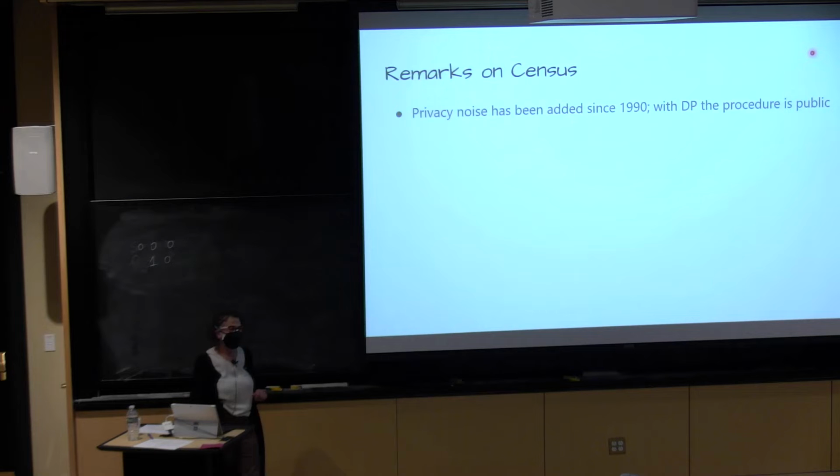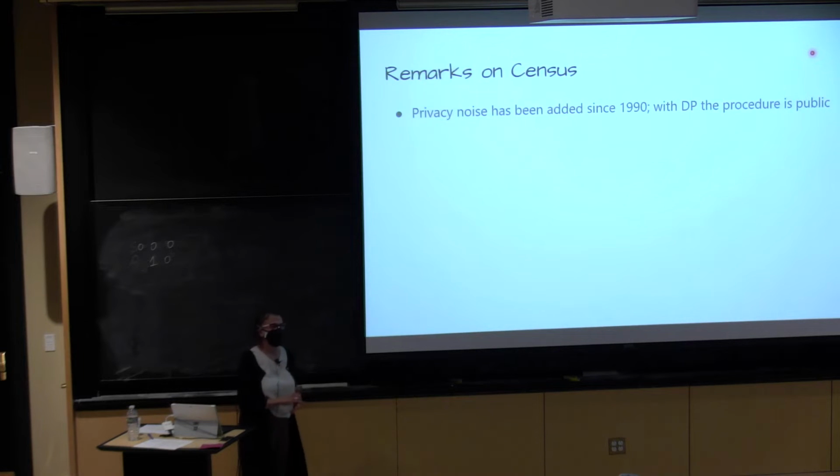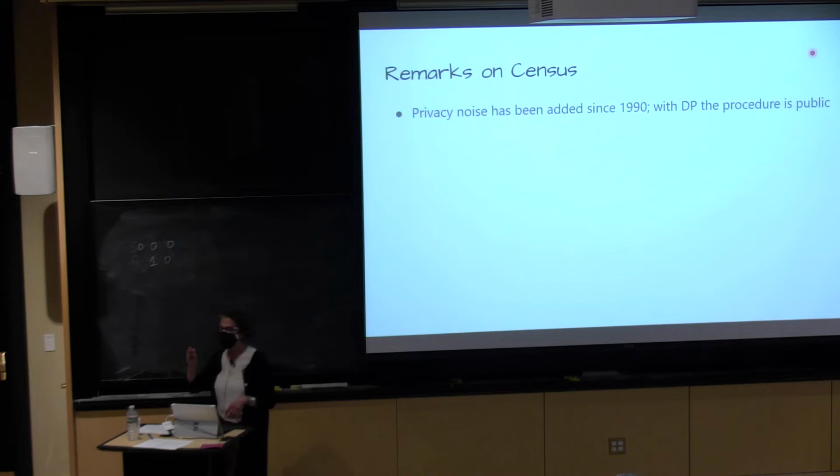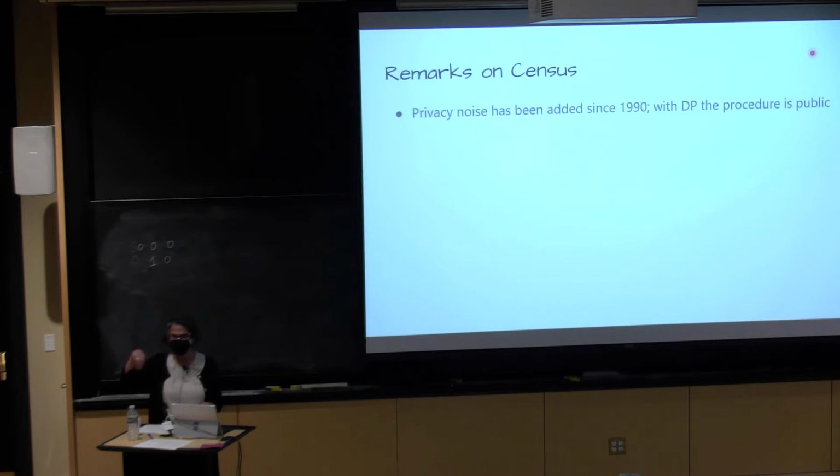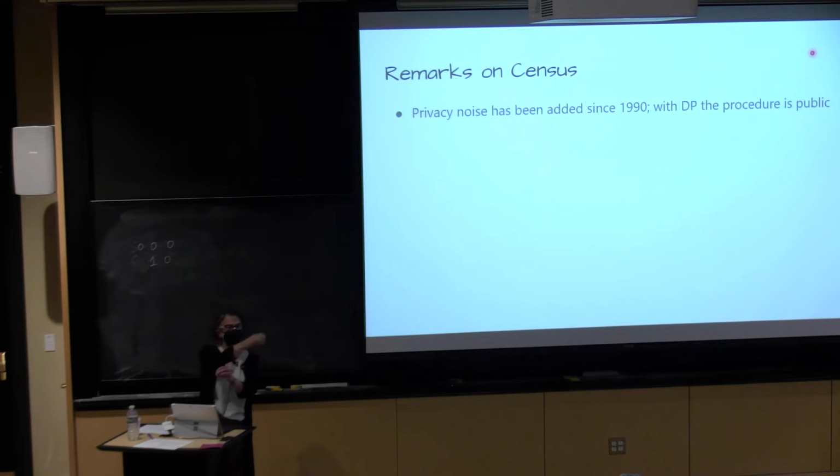The noise that was added in the past was done through various means, principally something called swapping, where households that are very unusual within their census block may get swapped outside to another census block, another census tract, another, I don't know if they cross state bounds, I forget.